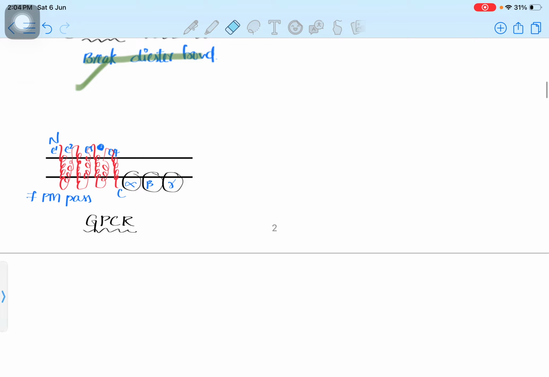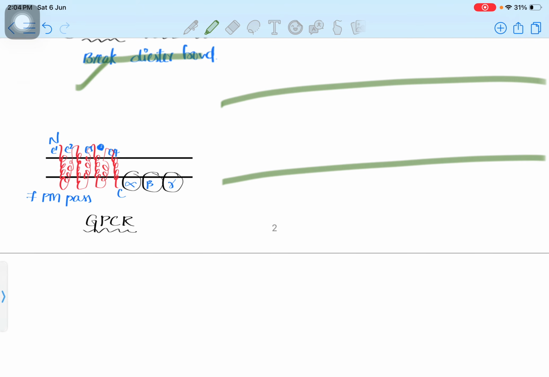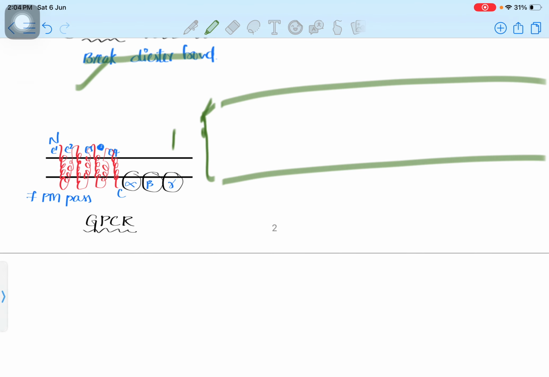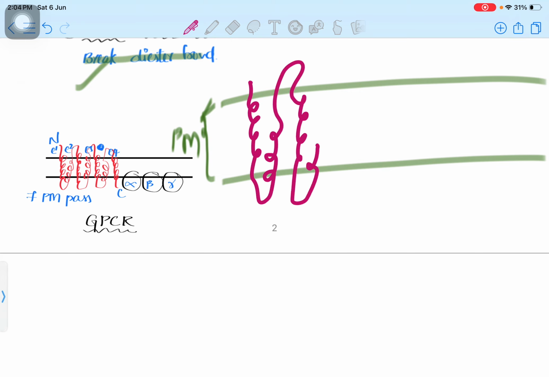We have covered the proteins, and we also know about the ligands, but we need to know about the receptor also. This is our plasma membrane, and on the plasma membrane the GPCR receptor is present.